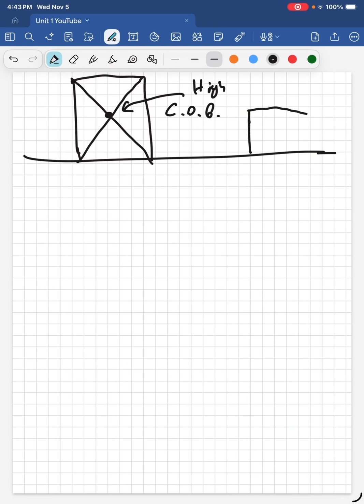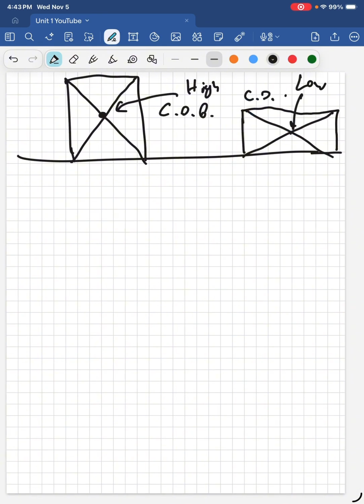But if the same object is turned on its side like this, now I have a low center of gravity, okay? So objects are stable as long as the center of gravity is above its base, okay? So the base is this one in this case, and this is the base in this case.